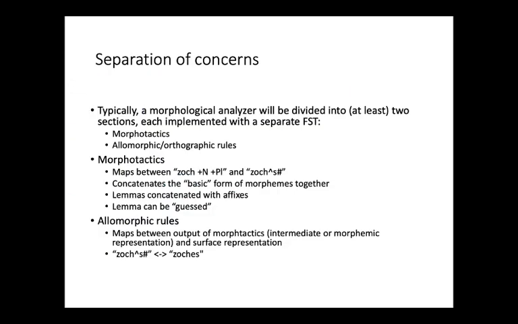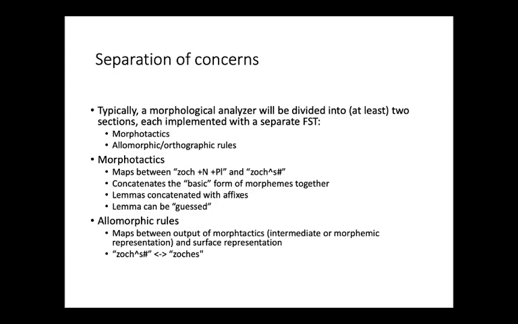So typically, you would divide a morphological analyzer into at least 2 sections, each of which is implemented with a separate FST. You'd have one FST that handles what's called morphotactics, which is how morphemes fit together, and basically, maybe how those morphemes map to a lemma or to a full analysis, a lexical form.